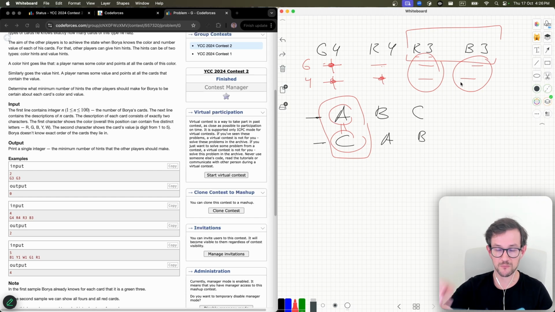So if I have a pair of cards that give me the same answer to all hints, I cannot distinguish these two cards. It means this set of hints is not enough. Now I think, if this situation didn't happen, if for any pair of cards I can distinguish them, is it enough? And you understand this actually is enough.